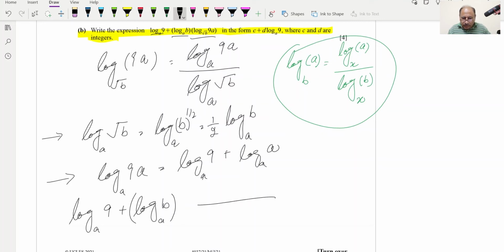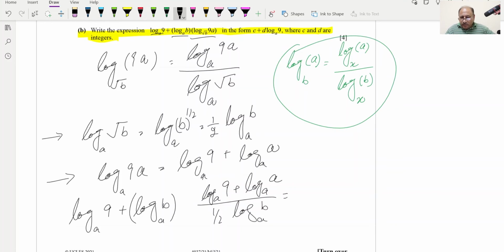We can write it as log base a of 9 plus log base a of a over 1 by 2 log base a of b. We know that log base a of a is 1, since the base is the same and the log of the same thing is 1.